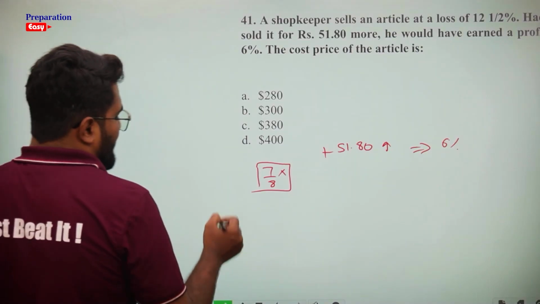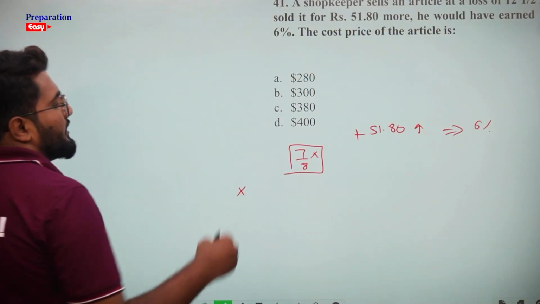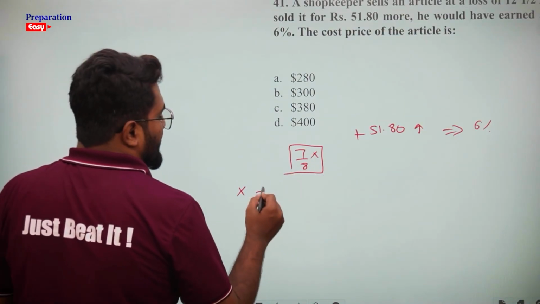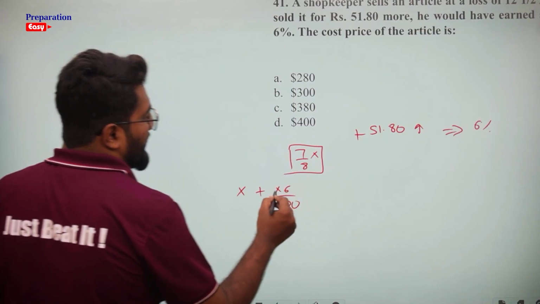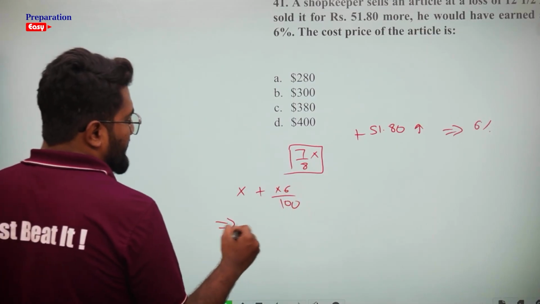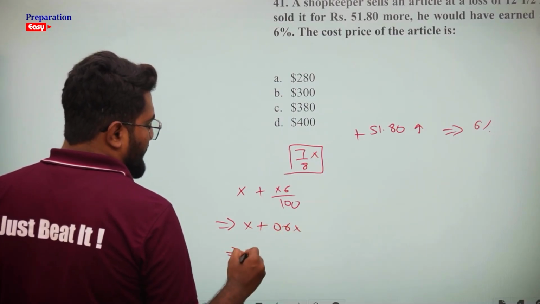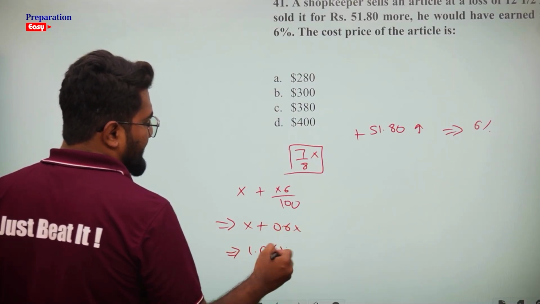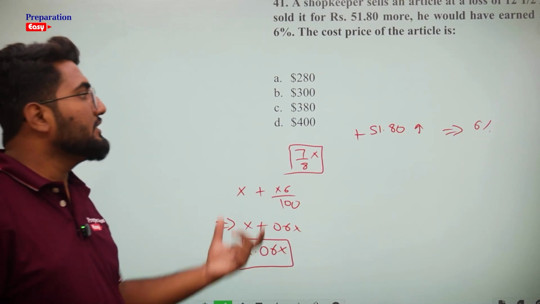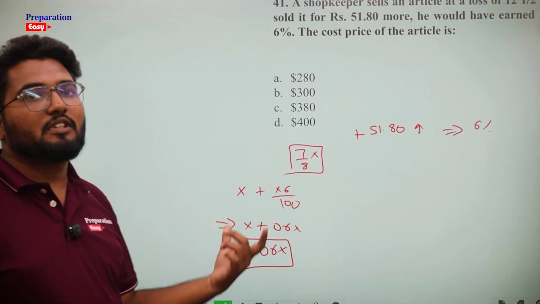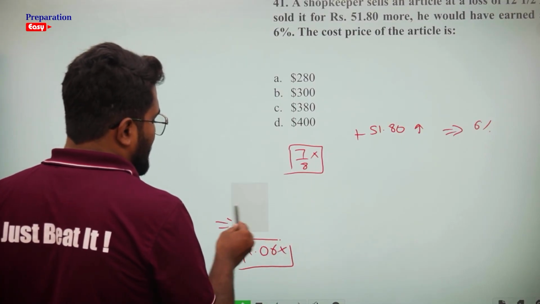What is the actual price? x, and if he sold 6% more, that is x plus 6 by 100 of x, which gives x plus 0.06x, that gives 1.06x. If he sold at 1.06x, then the profit would be 6%. Let's write it down here.